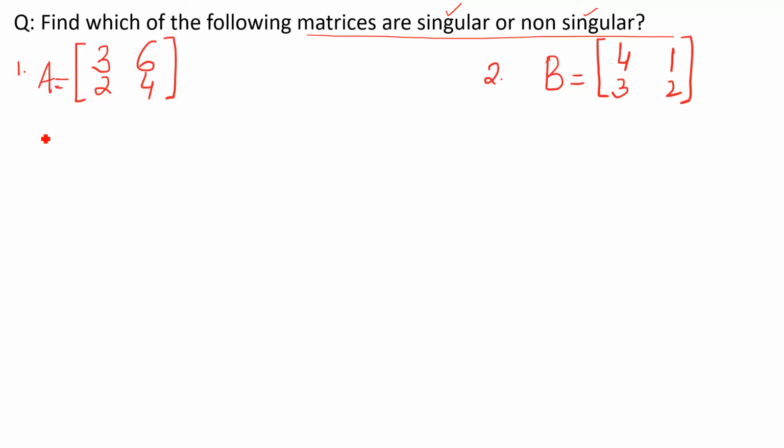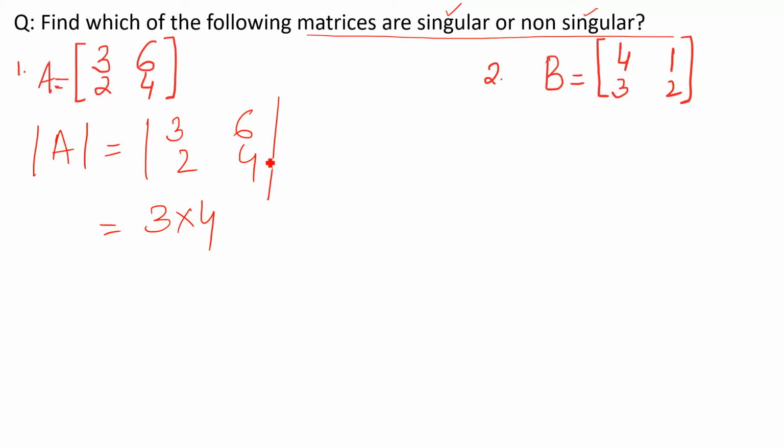So what is the method? Same thing. The determinant of A, we write in two straight lines, and then you multiply 3 by 4, these entries first, then we use the negative sign, and then these two entries, 6 multiplied by 2.